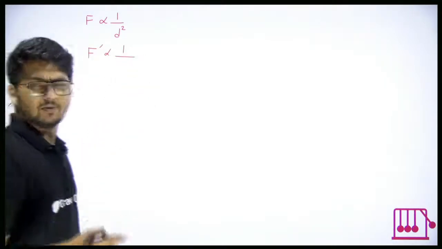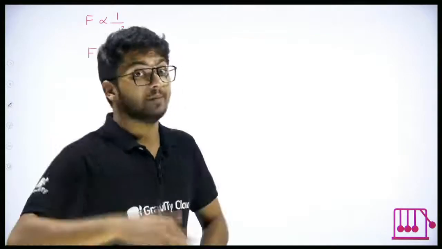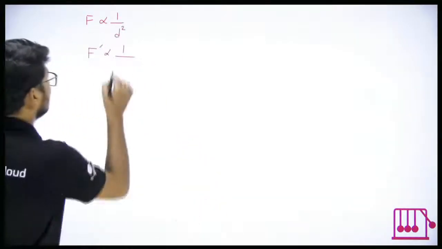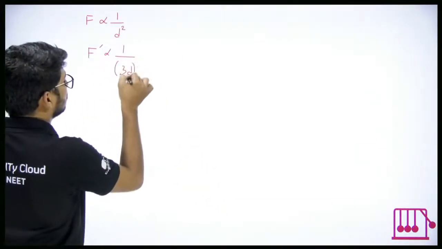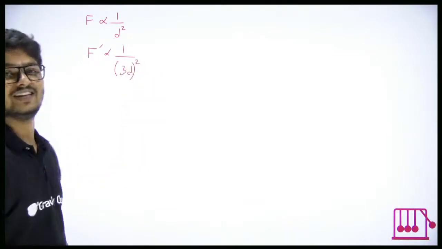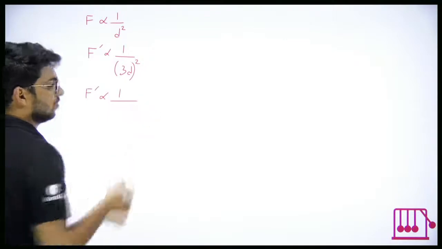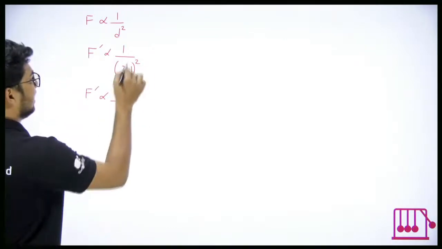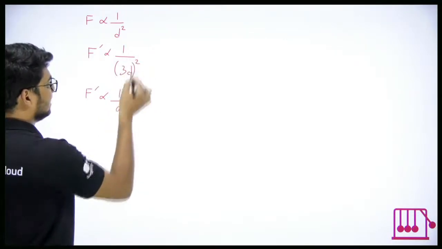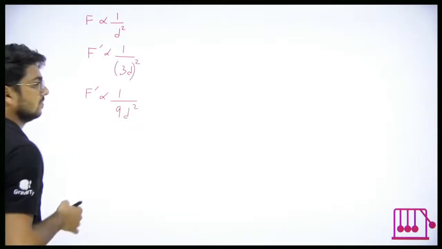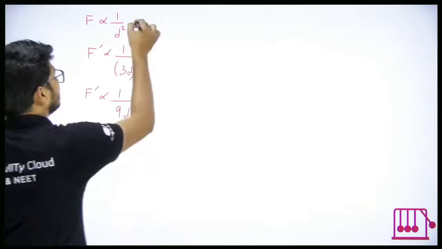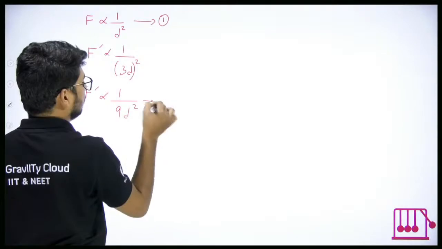It is inversely proportional to the distance square, but the distance became thrice, so the distance is 3d, so 3d whole square. This means that F dash is inversely proportional to what is 3d whole square? 3 square is 9, d square, right? It is d square. So this is 1 and 2.